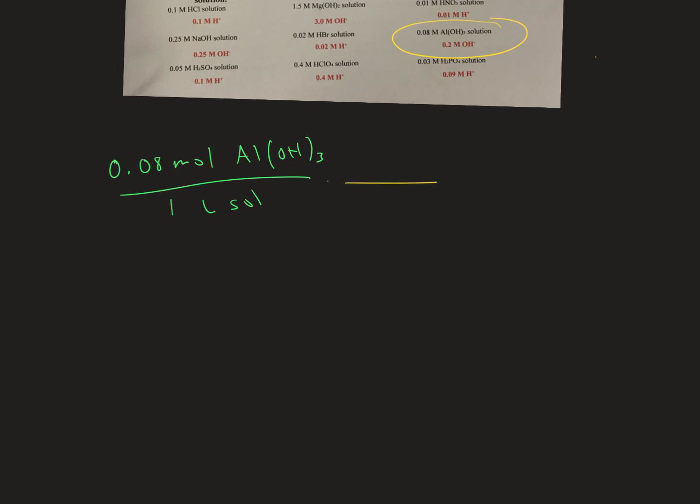And we want to know what's the molarity of OH minus. This is what we're looking for. For every 1 mole of aluminum hydroxide, how many hydroxides do we have? 3 moles, right?